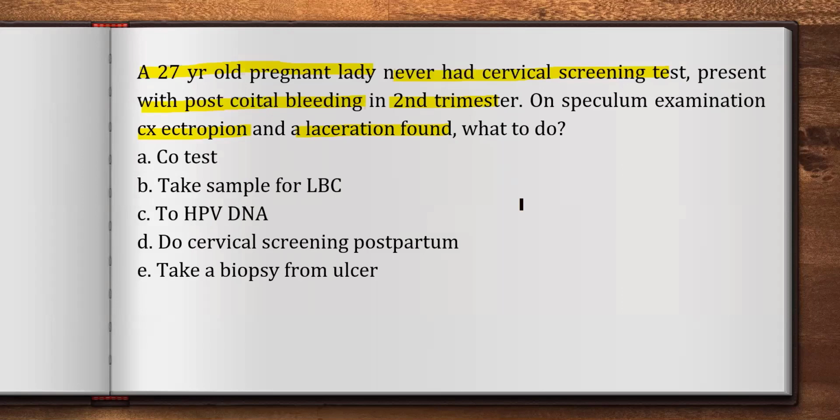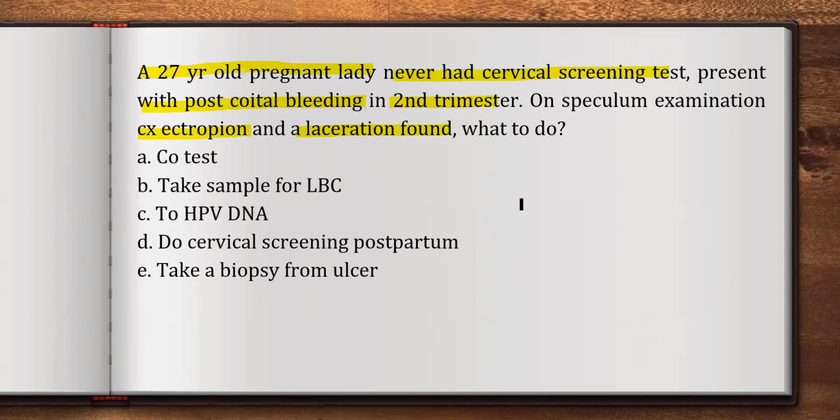Now, whatever you see on a speculum cannot totally rule out your main differential. What is your main differential in this patient? Cervical cancer, right? So every patient who has postcoital bleeding in this age group should have a co-test first.